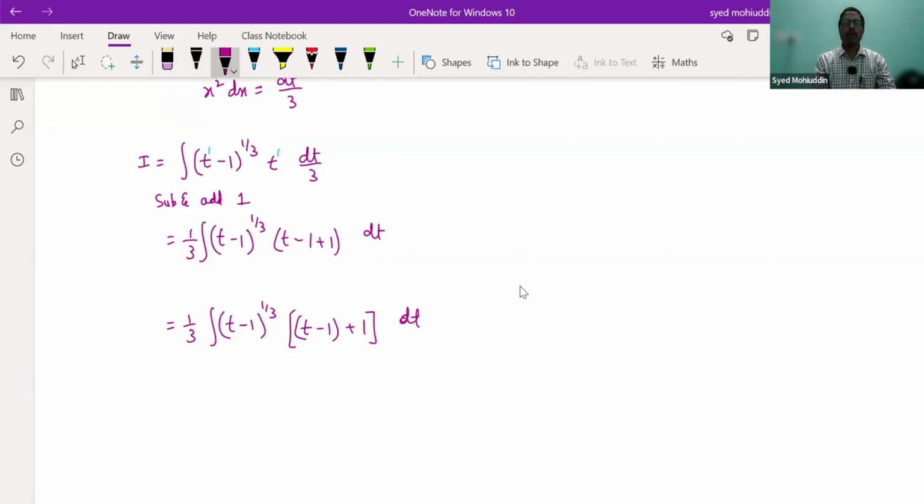Now, once I have grouped, this grouped value has to be multiplied by t minus 1. So it is 1 by 3 integral of t minus 1 whole power of 1 by 3 multiplied by t minus 1. That is one product.